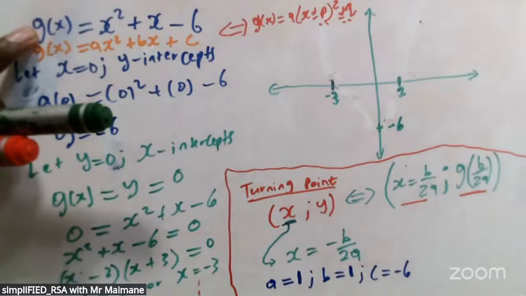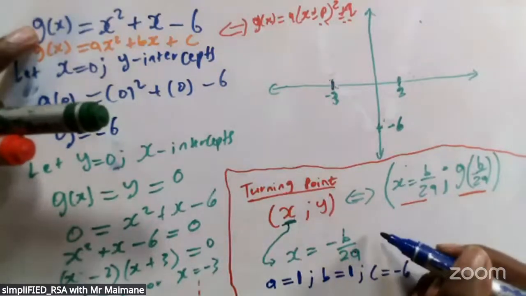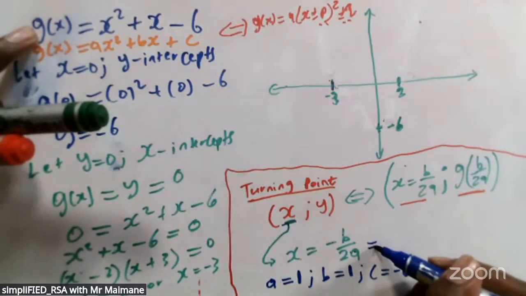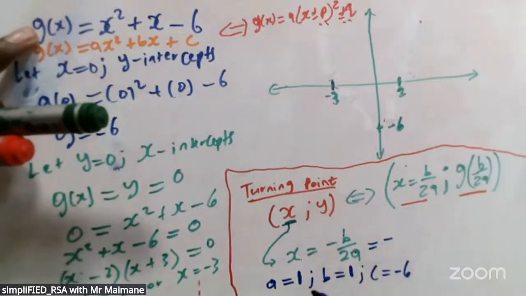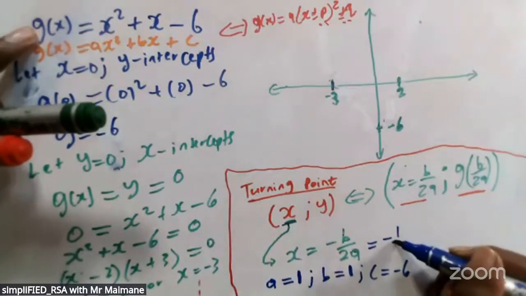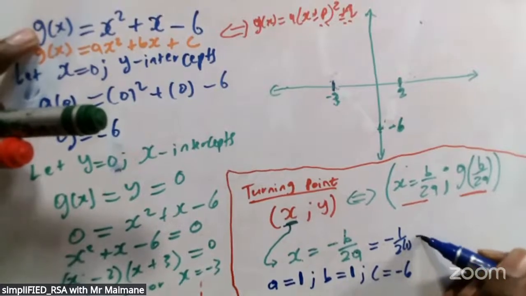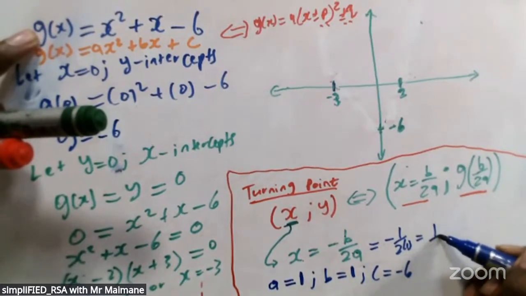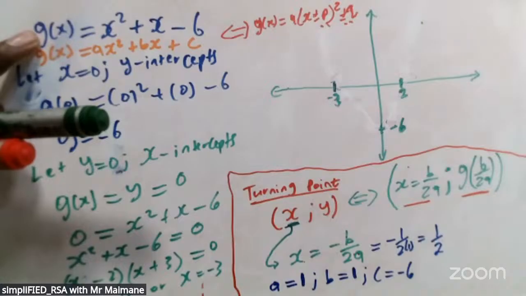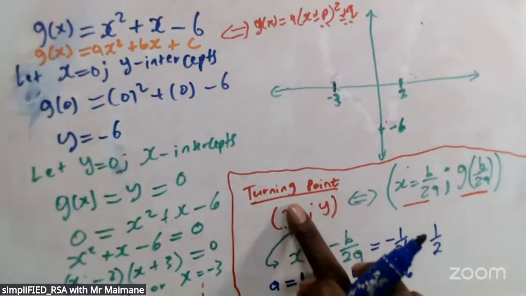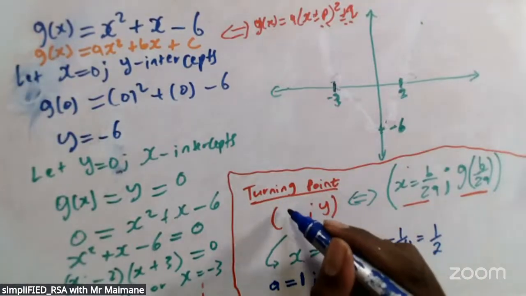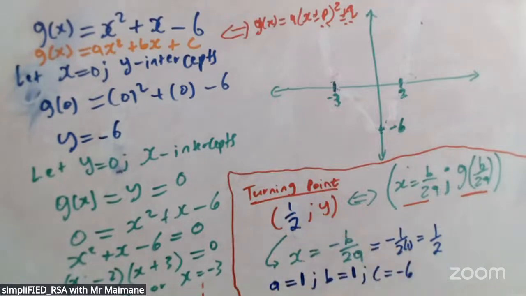Yes. Sure. So now that we agree, then x will be minus b over 2a, with b as 1 and a as 1. So x is 1 over 2 in terms of our turning point. So where there's x for the turning point, I put 1 over 2.